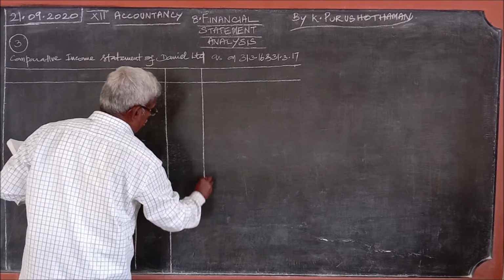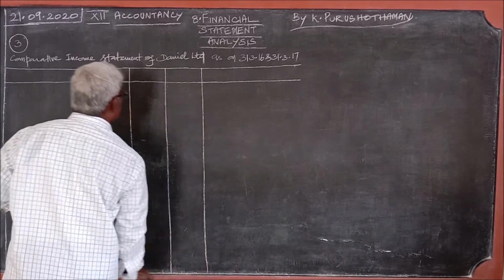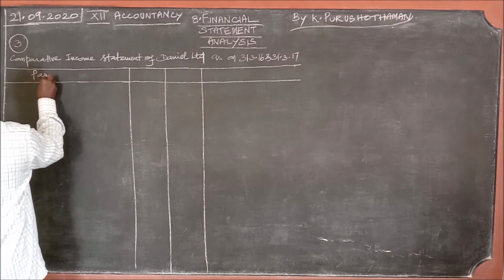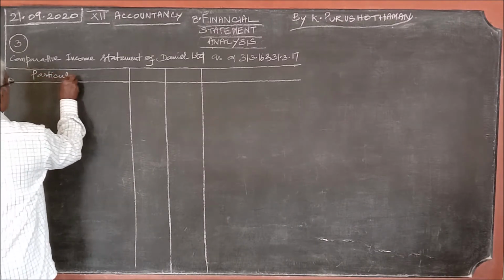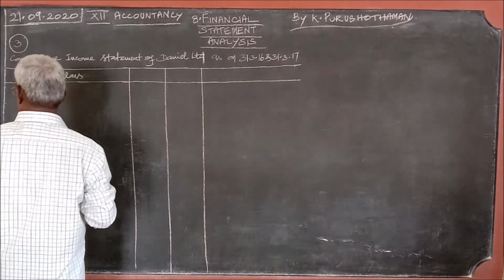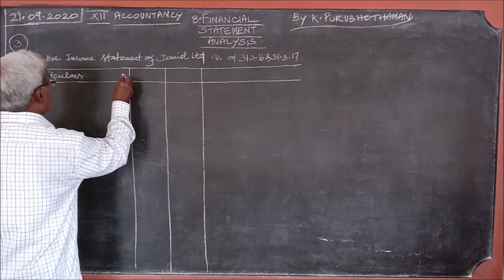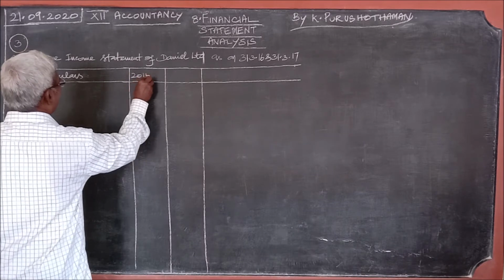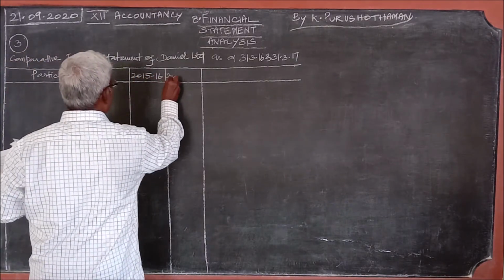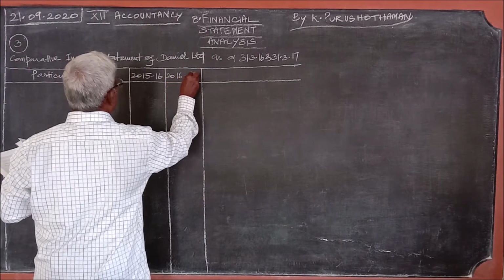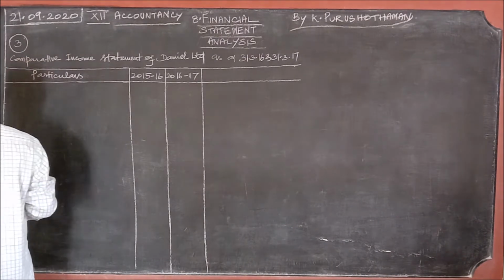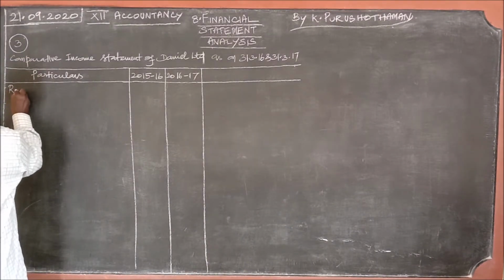Third one for the second year. We shall fill them first. Particulars. 2015-16, 2016-17. The first item is revenue from operations.